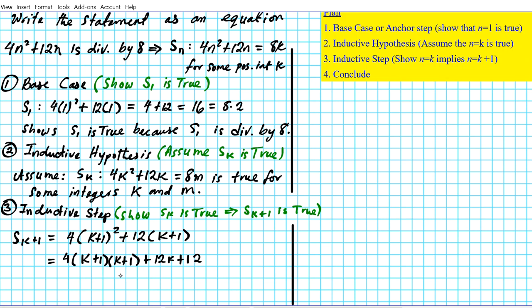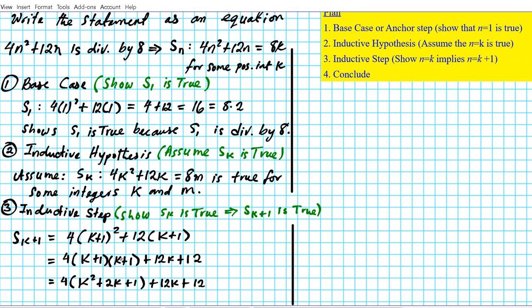Okay, and if we expand k plus 1 squared, or k plus 1 times k plus 1, we have 4 times k squared plus 2k plus 1, plus 12k plus 12, using the formula a plus b squared equals a squared plus 2ab plus b squared. That's a fast way to expand this.